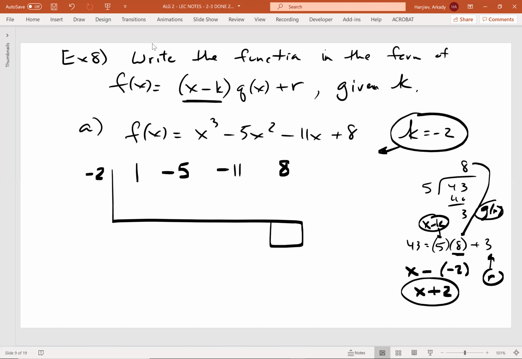Cool, and should be all done. Okay, it's a Monday, right? So we got to think about, so we add down and we multiply back up. Is that right? So multiply. So -2 times 1 is -2. Add down. Add down again.